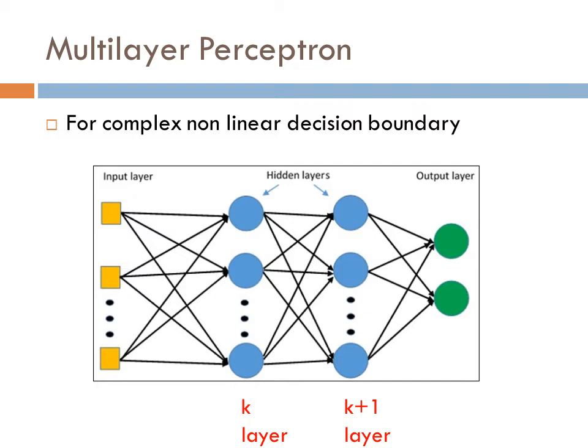The number of nodes in the output layer is the same as the number of classes, which is shaded in green. The number of hidden layers varies, and it depends on how complex the nonlinear decision boundaries are. The number of nodes in the hidden layer also varies.